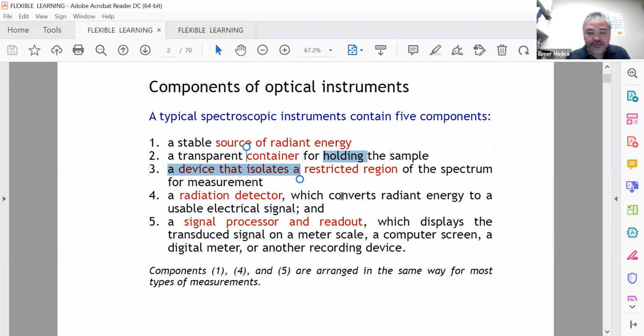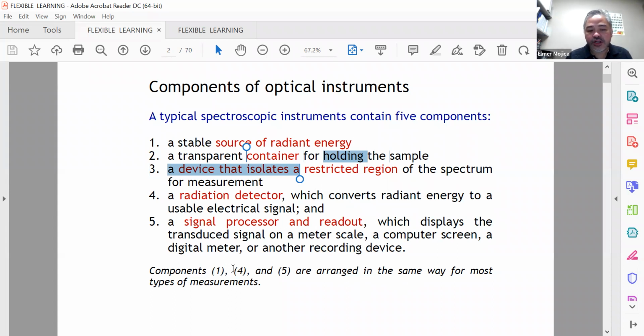And for you to be able to interpret this signal, you have the so-called signal processor and readout, which displays the transduced signal on a meter scale, a computer screen, a digital meter, or other recording device.